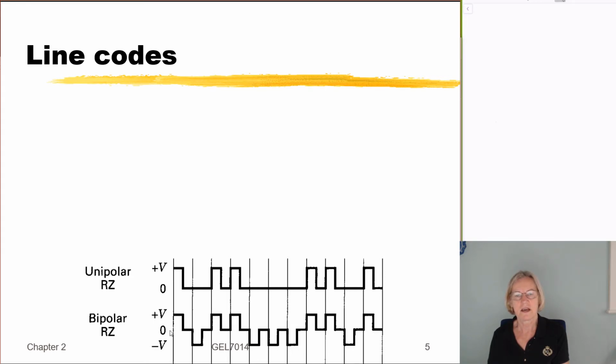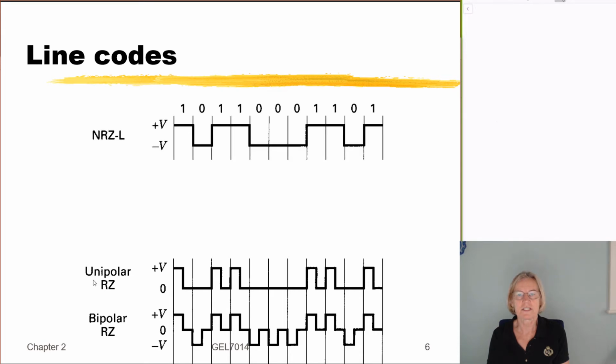So this is quite clearly a return to 0. Now here's a unipolar return to 0, and it looks a little different, but really it's the same concept. Here is the logical 1, I have a positive voltage, I return to 0. For the next one, my logical bit is 0, and so I'm just staying at zero voltage. One is unipolar, one bipolar, which is why they look different, but the idea of the return to 0 is the same.